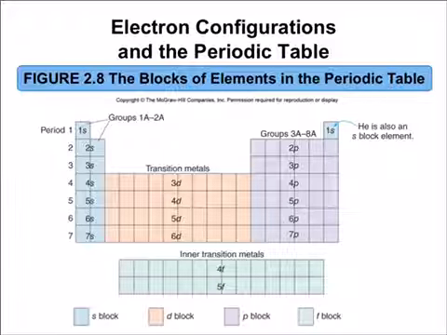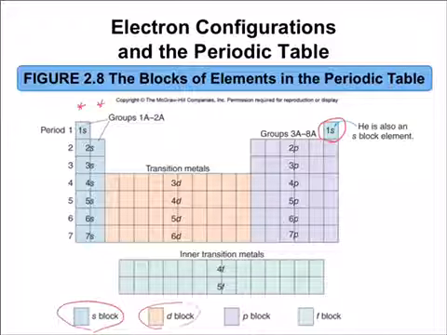So what we get are blocks. We have 4 blocks. The S block, which is in blue. You'll notice this comprises group 1 and 2A, and also helium. Okay, helium's kind of a lone guy out. So groups 1 and 2A.